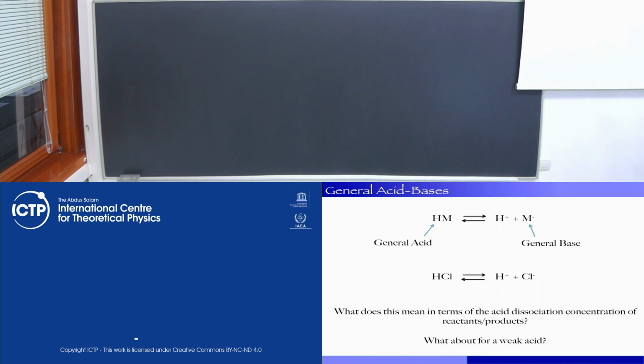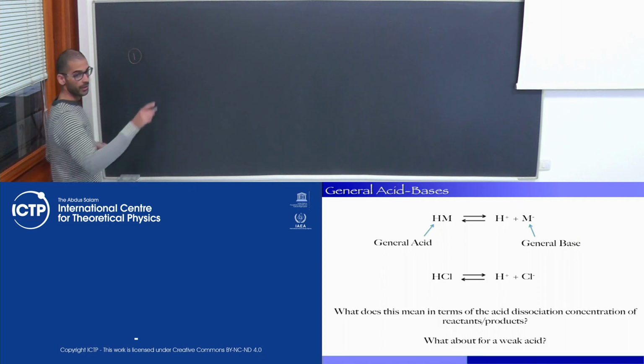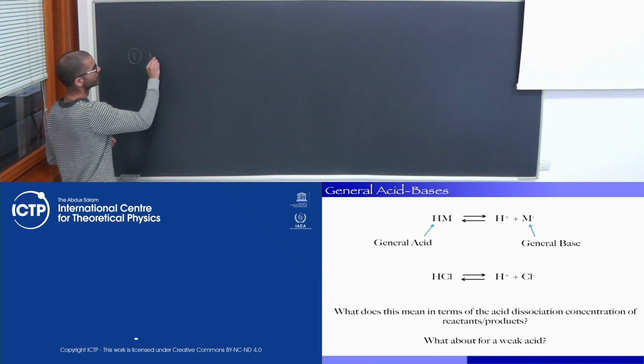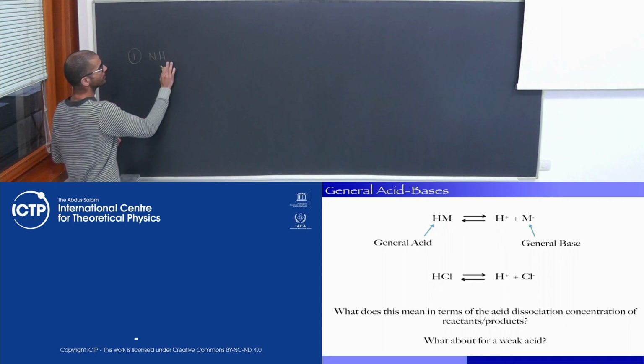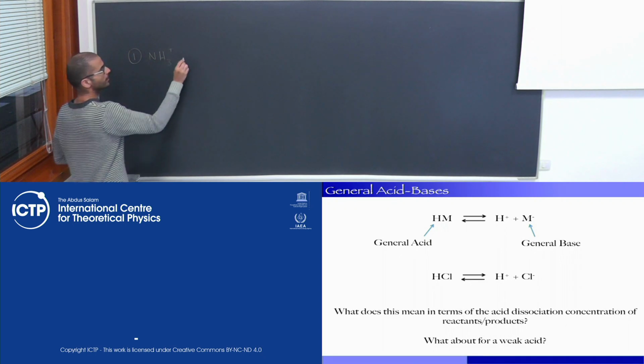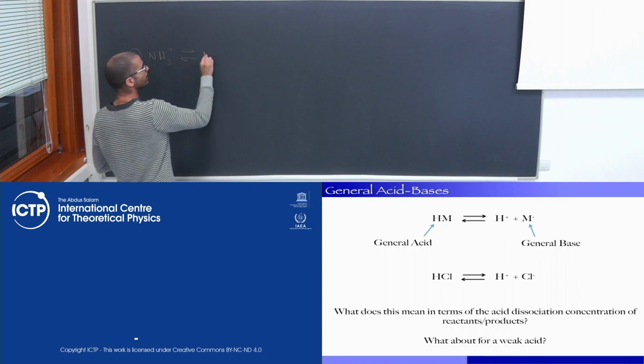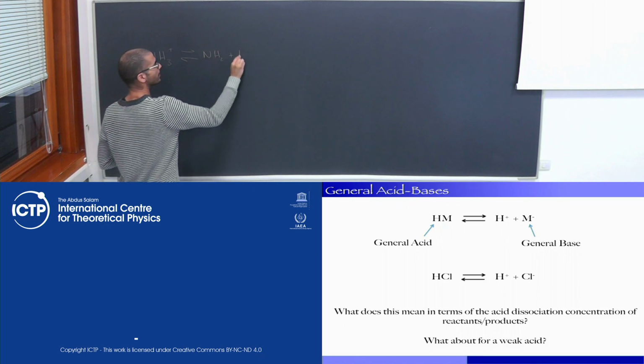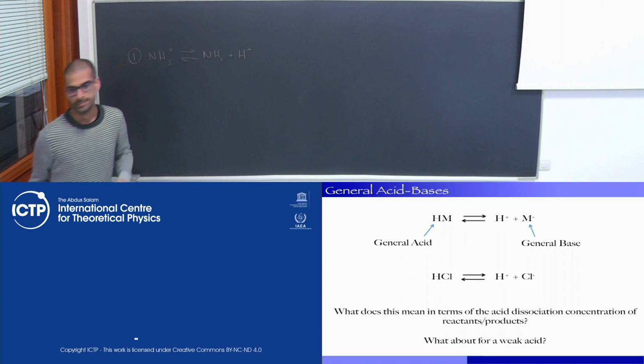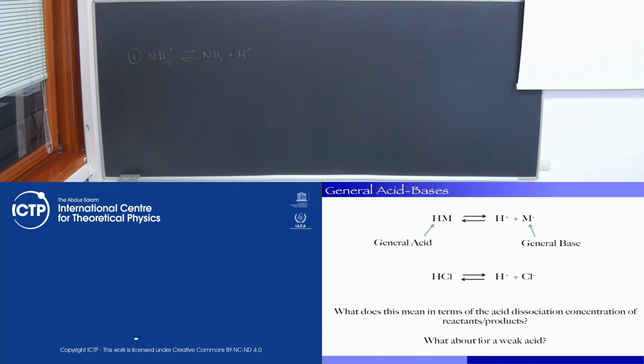Okay, so we ended up discussing these acid-base equilibria for general acids, general bases. Now, for your amino acids, that's the equilibrium that is analogous to the general acid, general base.